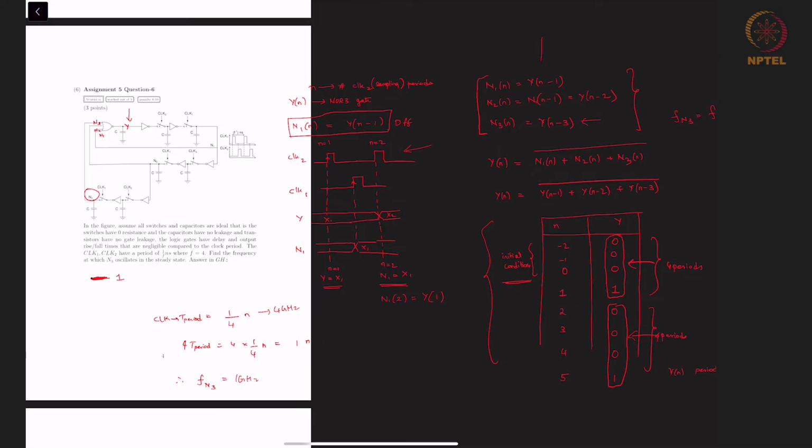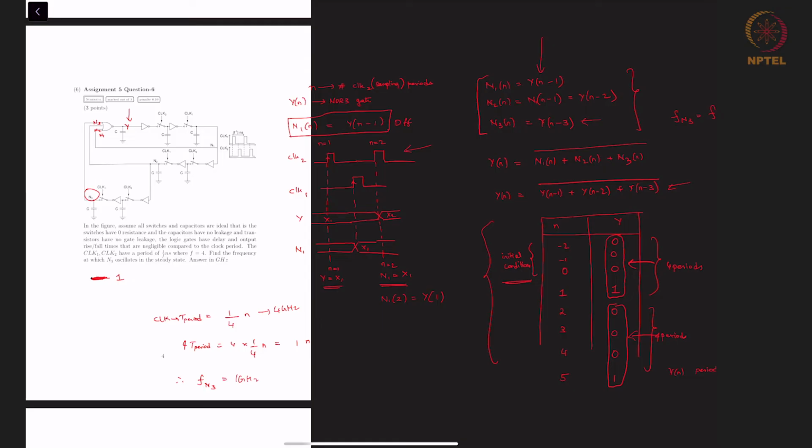In fact, I have given the expressions for n1, n2, n3 at any n, and you can see the expression of y with respect to any of its previous values. So y at any n just depends on its n minus 1, n minus 2, n minus 3 values through the output of that NOR gate.